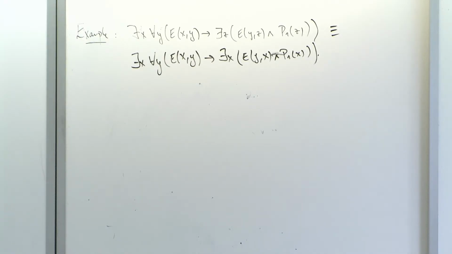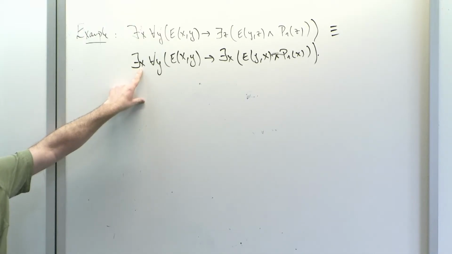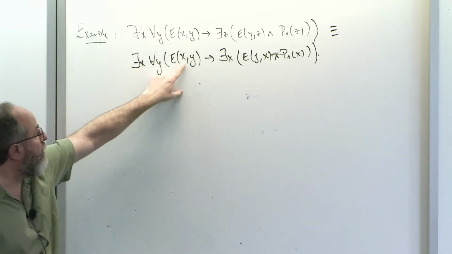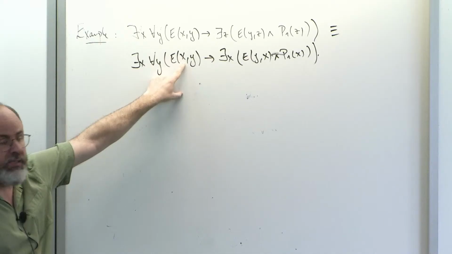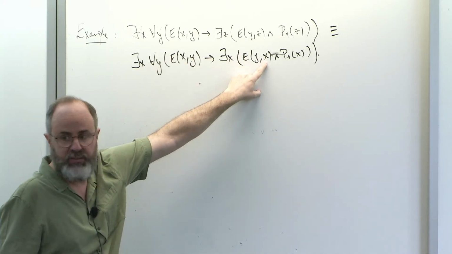I can use X twice in different ways. I can use X to refer to this appearance of X here, and I can use X to refer to this appearance of X here.